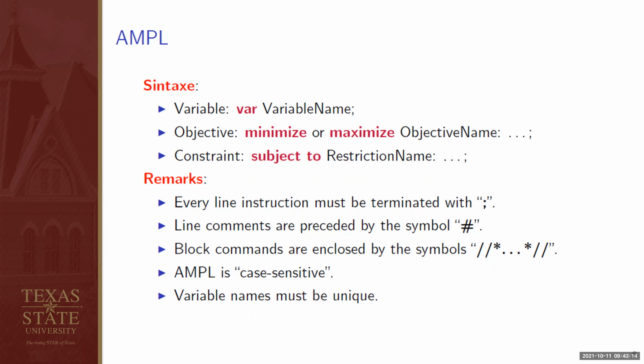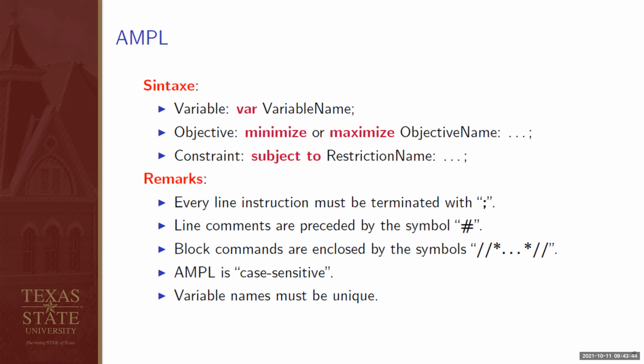So starting with the MOD file, here's some syntax that you need to be aware of in terms of how to define your model. We have the var syntax that we use to define the decision variables. For the objective function, we need to specify whether you are minimizing or maximizing. For minimization, you use minimize.